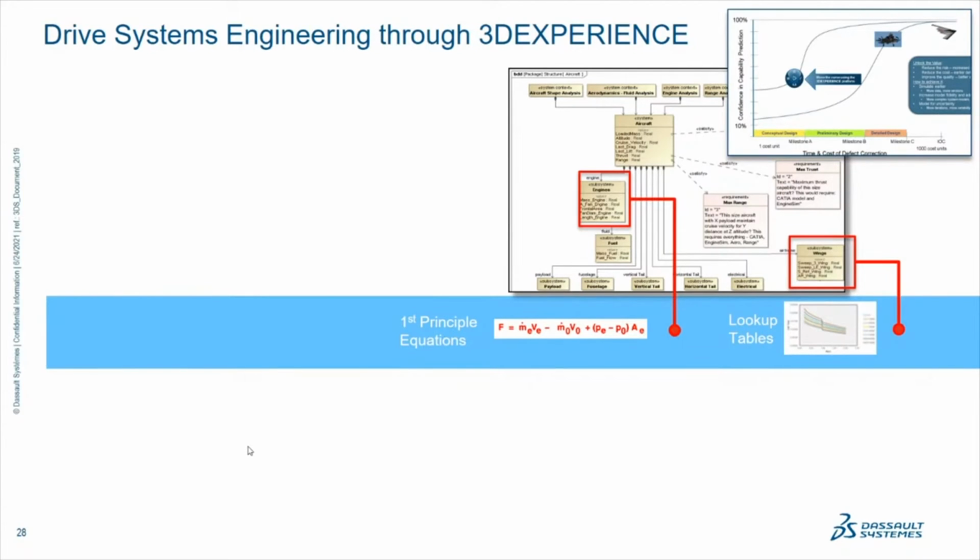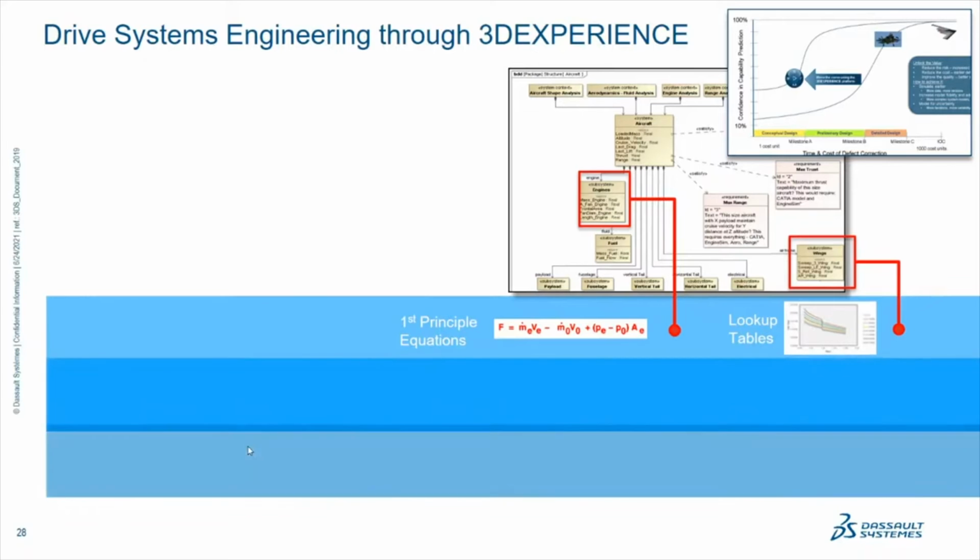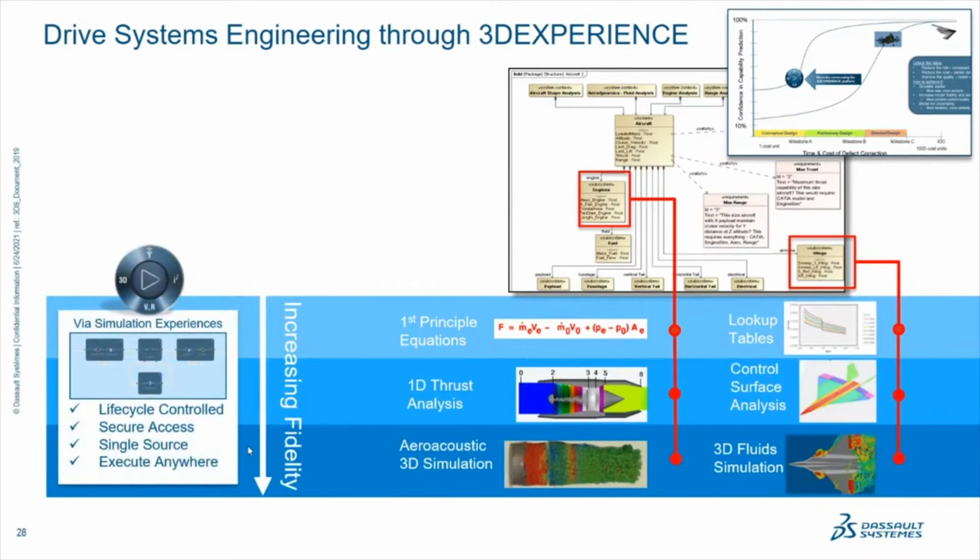So while Cameo has always been very good at doing some simulations or calculations using principal equations or lookup tables, by bringing in the 3D Experience platform and simulation experiences, we can extend that capability to allow you to do higher fidelity simulations. So that actually brings in a lot more simulation earlier in the process.